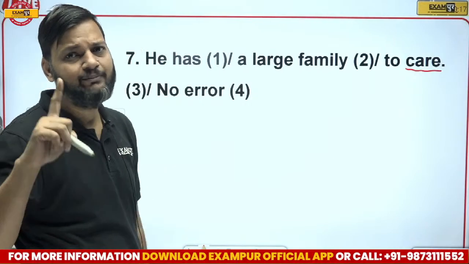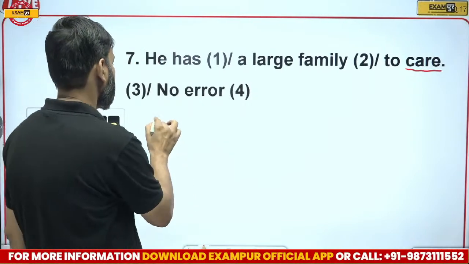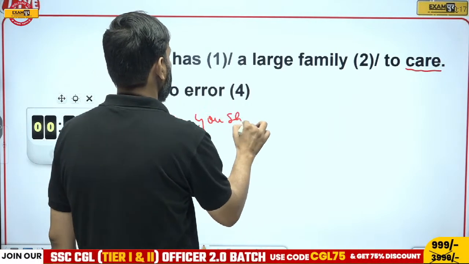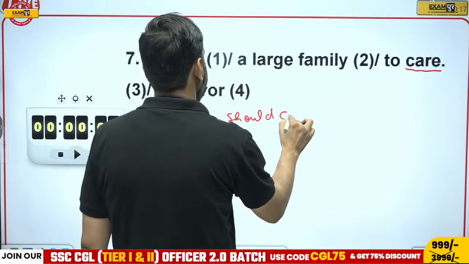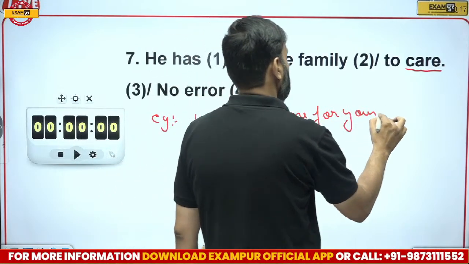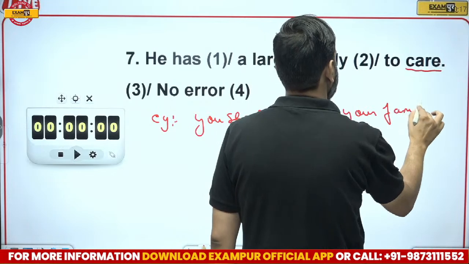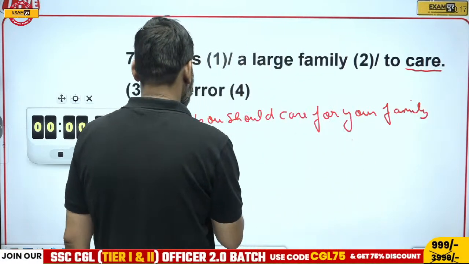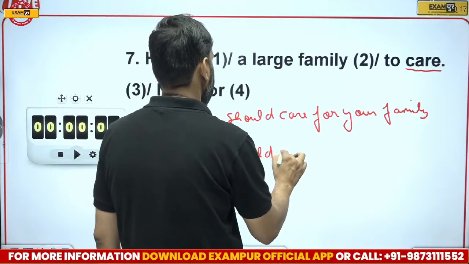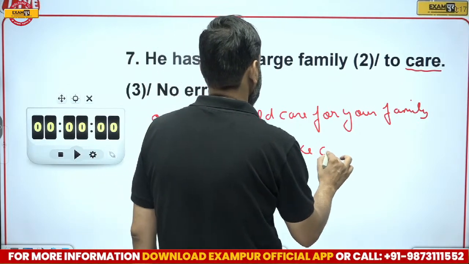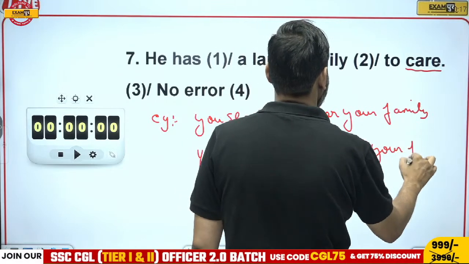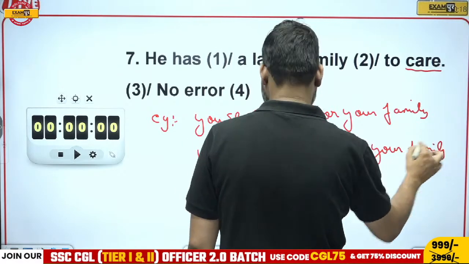The preposition can be of or for. For example, you should care for your family, or you should take care of your family, right?